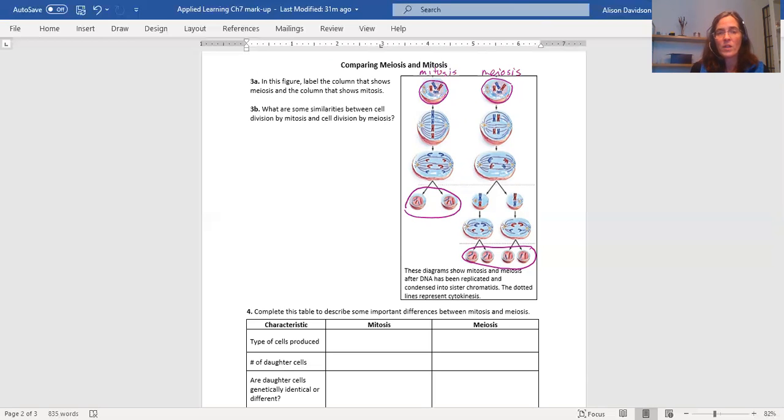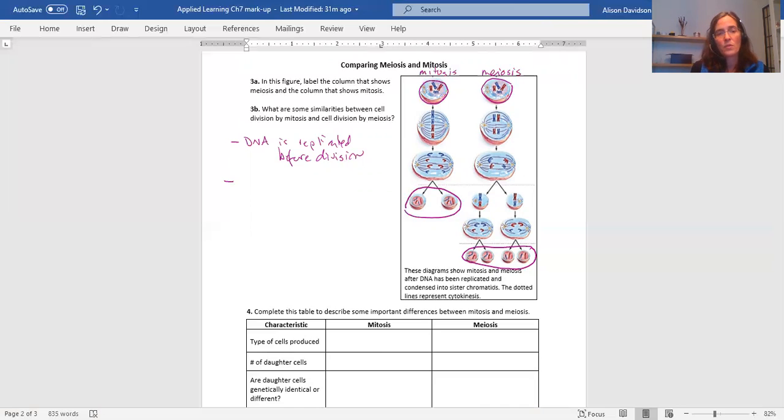The next thing we want to know, what are some similarities in division between mitosis, cell division, and meiosis? There's a lot of different options here. One option is that the DNA is replicated before division. That happens in both of them.